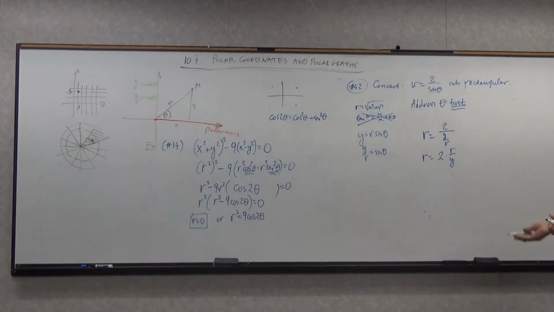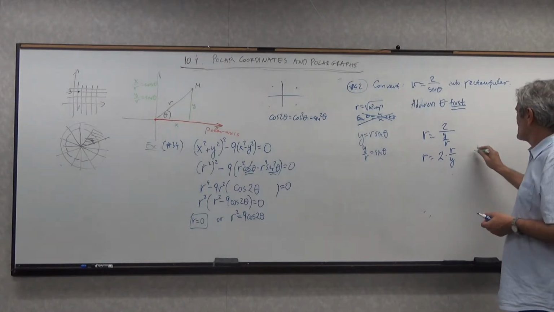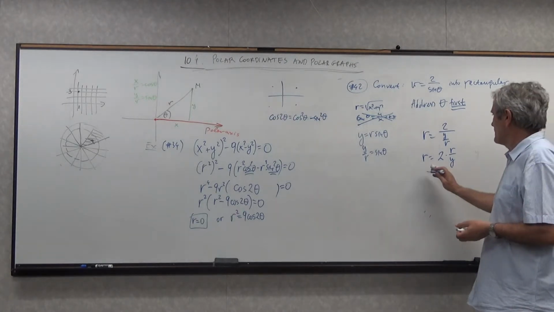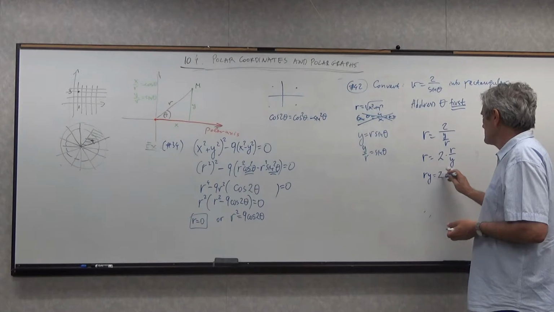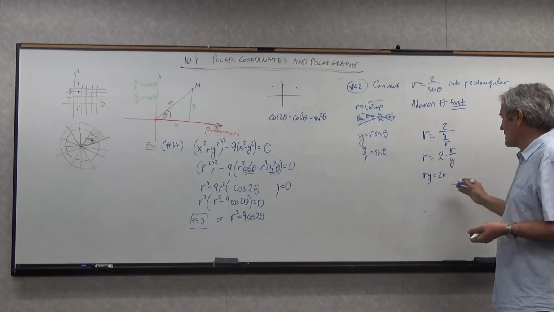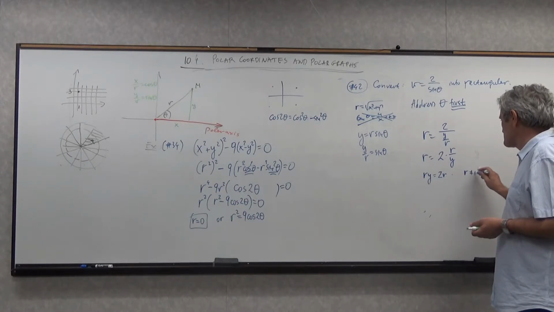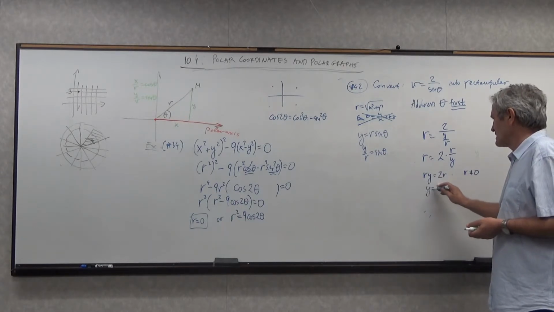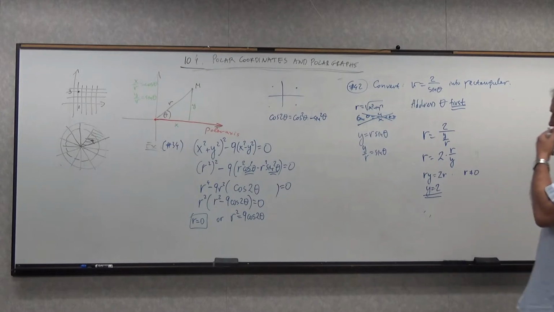And then something very strange happens here. I multiply by y both sides, and I get the following. ry equals 2r. Then I cancel by r, which is okay, if r is different from 0, I cancel and I get y equals 2. And then what?